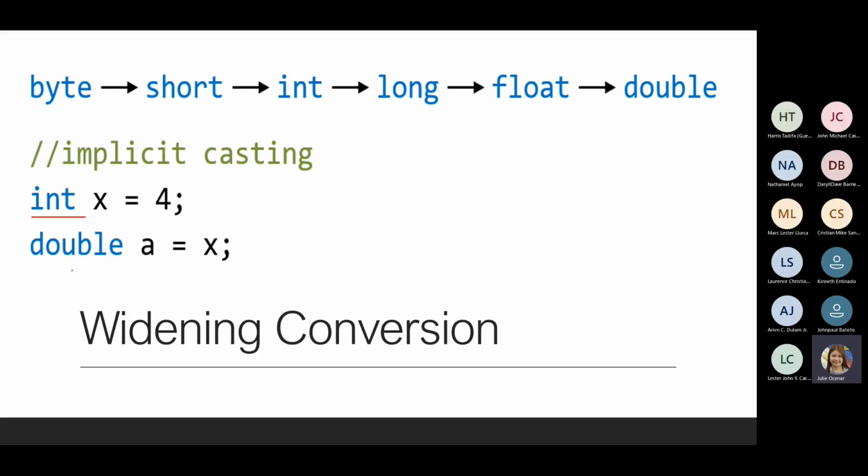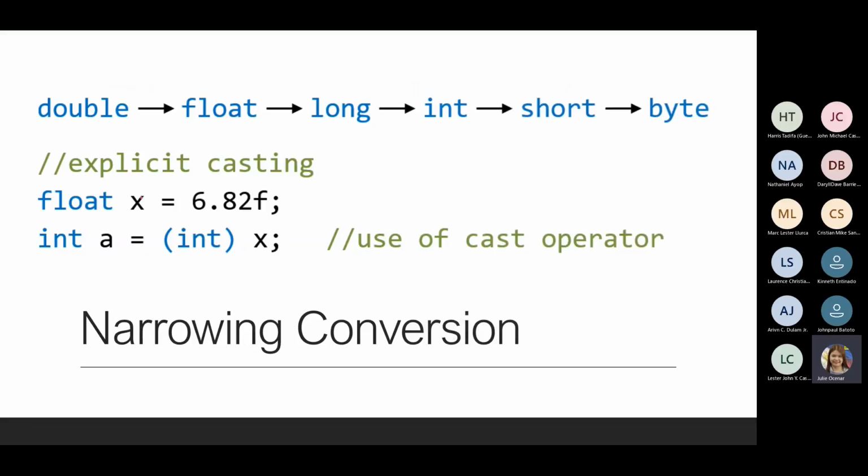If you use double and your values are small, the higher the capacity of the data type, the more memory space it will consume. So, if you only need a small value, find a data type that consumes little space in your program. Okay, so that's how it is.